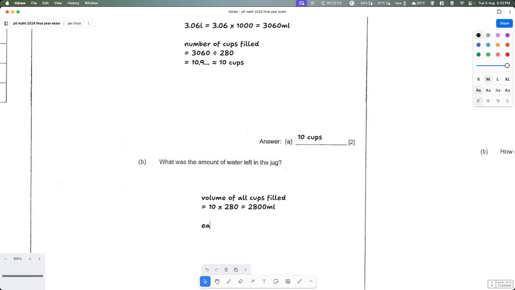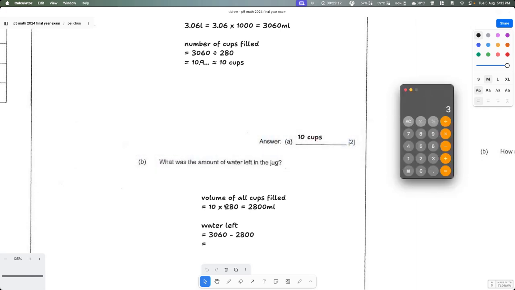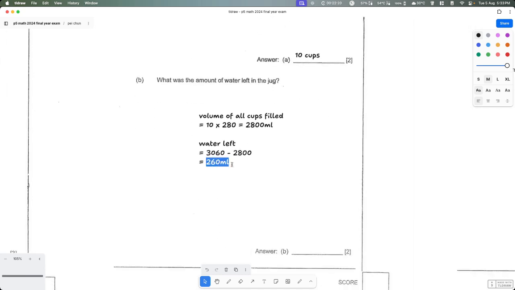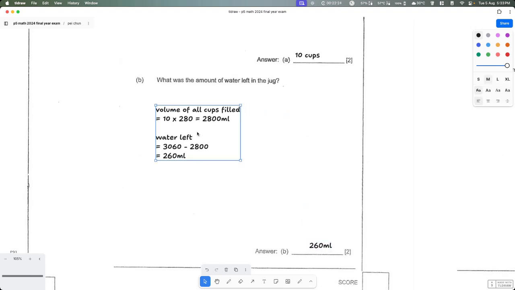So the water left is equal to 3600 minus 2800. Okay, this will then give us 800 milliliters. So that's the answer, 800 milliliters in this case. All right, let's move on to the next question.